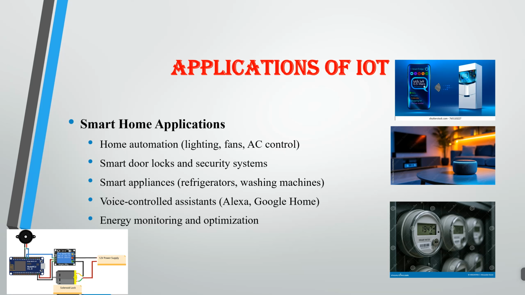We have certain applications like home automation: lightings, fans, AC control, etc. So this could be done from a remote place. We can switch on the fans, we can switch off the fans, we can switch on the lights, we can switch off the lights.